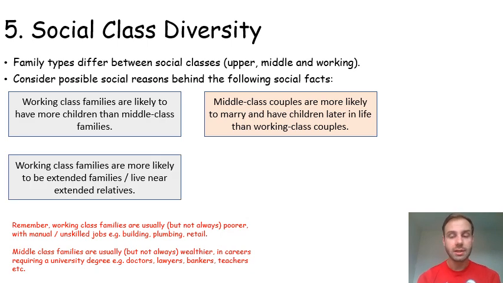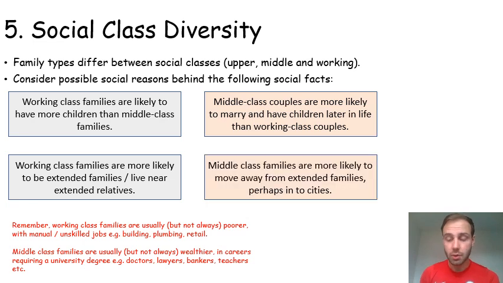Working class families are also statistically more likely to live with or near extended relatives. This is often to do with things like childcare. It's cheap and easy to have a sister or a brother, an auntie or an uncle looking after children, much more convenient. So therefore working class families are much more likely to stay in the same area that they grew up in and live near extended relatives.